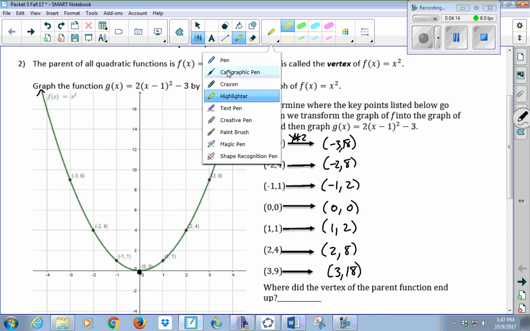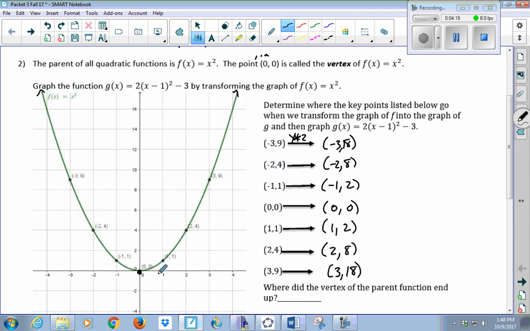Next, we want to deal with any of our horizontal or vertical shifts. And it doesn't matter which one we do first, but let's take a look at what each of these does. There we go. So we notice that we have a horizontal shift going on that says shift to the right 1 unit.